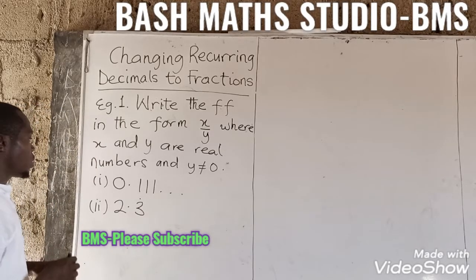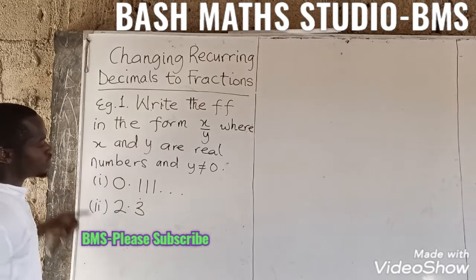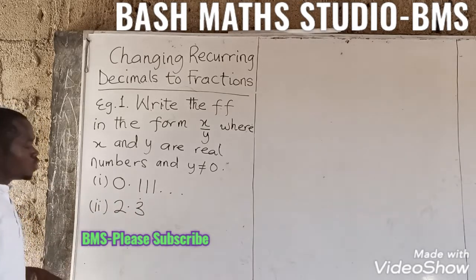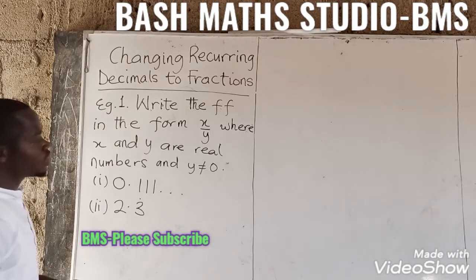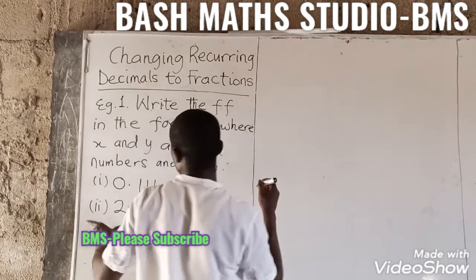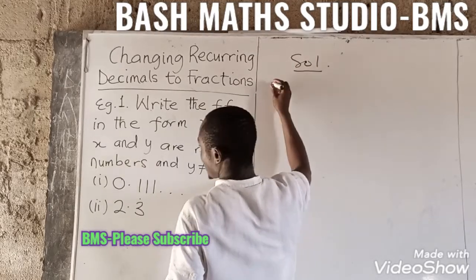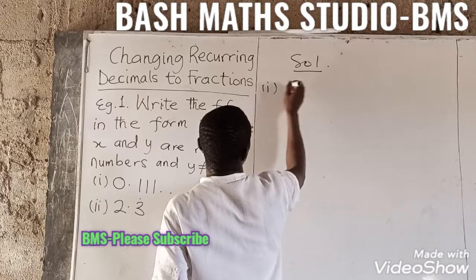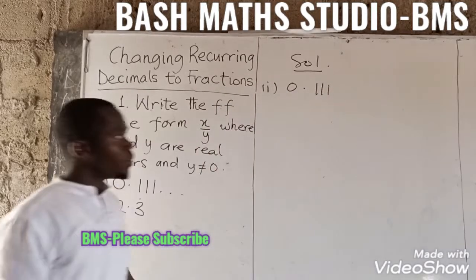We all know that. So we are changing 0.1111, 1 is repeating, and 2.333 all to fractions. So let's quickly change the first one, 0.111 or 0.1 repeating.